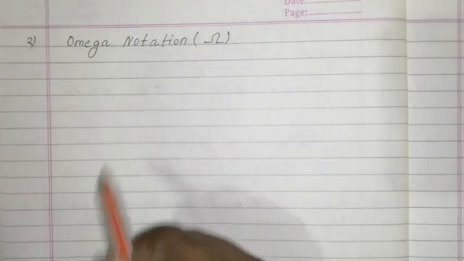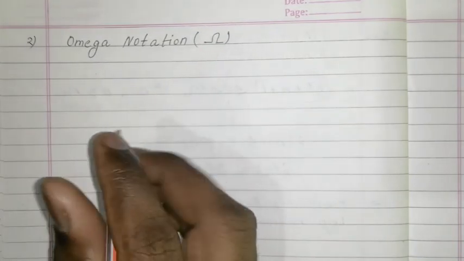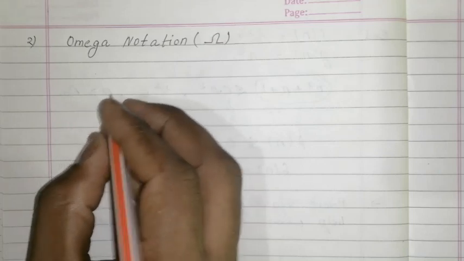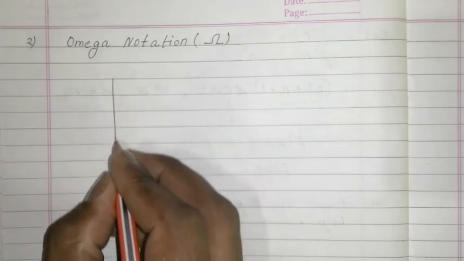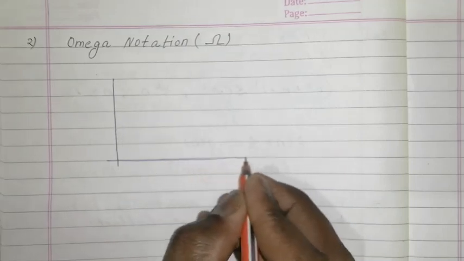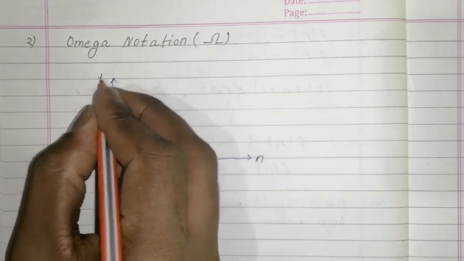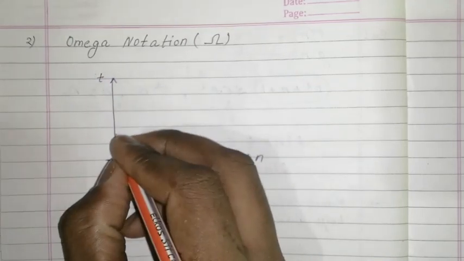Now see omega notation. Omega notation is represented by omega. Let's see, a graph is given, where n is the number of inputs and t is the time.